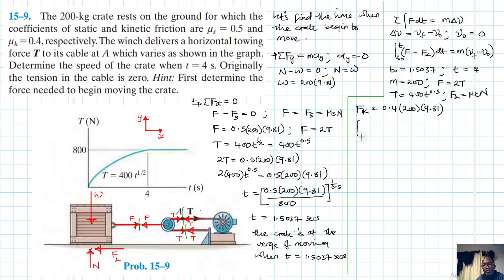So we are starting from 1.5037 to 4 of 2 times 400 t to the power 0.5 minus Fk, which is just 0.4 by 200 by 9.81, dt, and this is equal to m, which is 200, times v final minus 0.